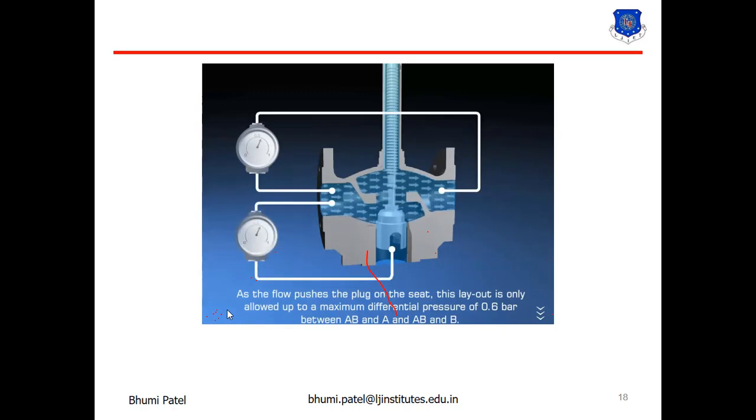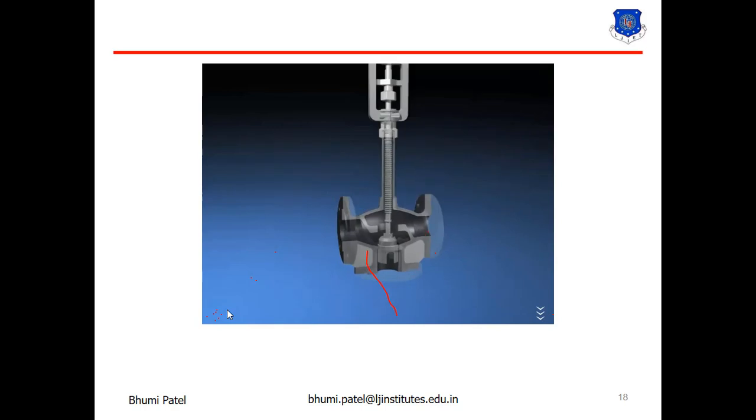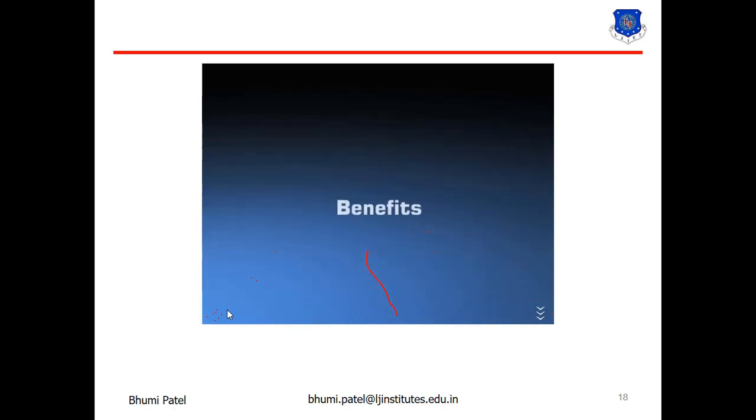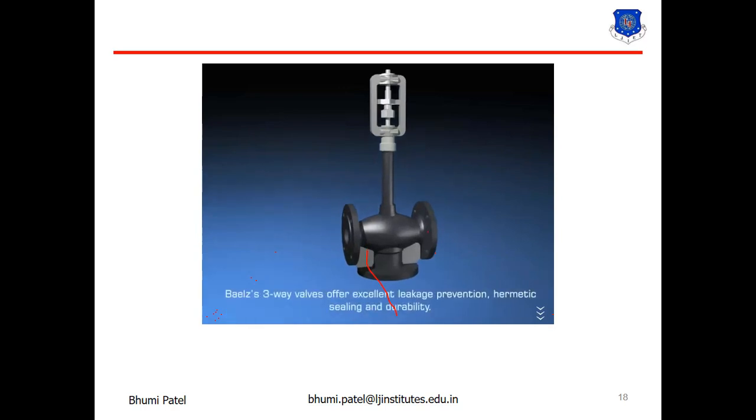This is the on and off position, and the pressure difference is given. Now the diverting valve setup should not be used with a pneumatic actuator. We cannot use a pneumatic actuator for the diverting three-way valve.